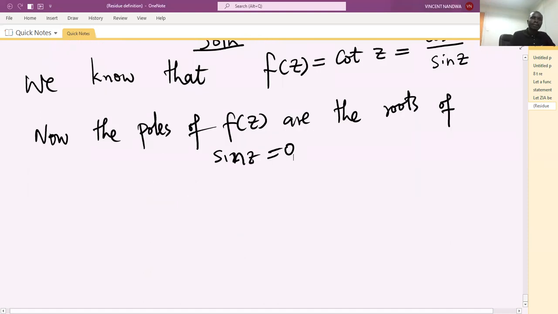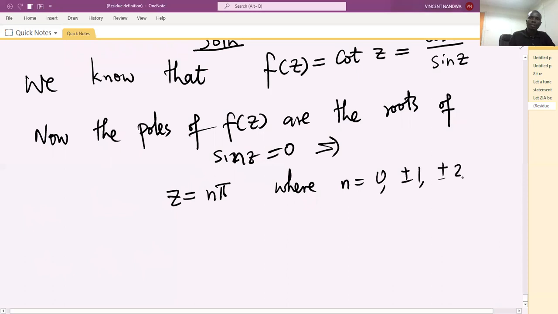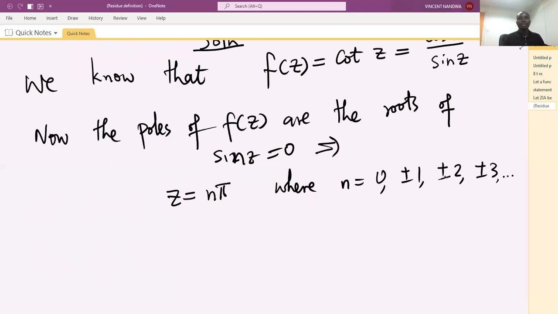And when you do that, sine z equals to 0 implies that z is of this form, n pi, where n is 0, plus or minus 1, plus or minus 2, plus or minus 3, etc. So those are the values that will give sine of z to be 0.